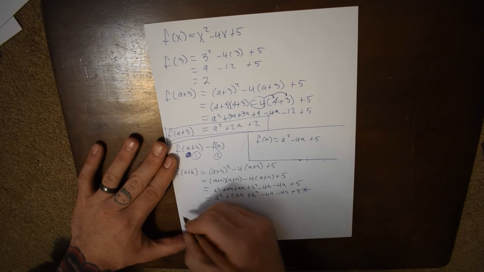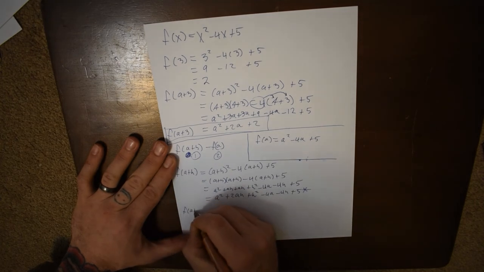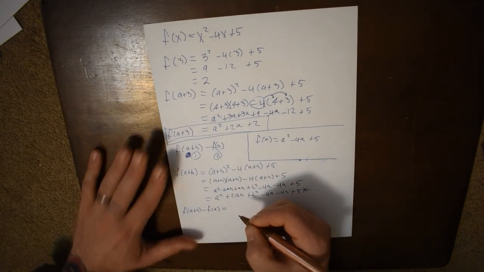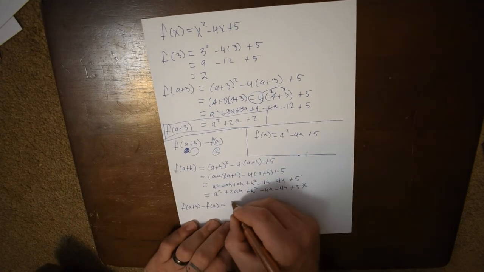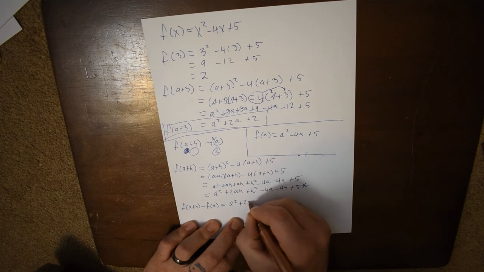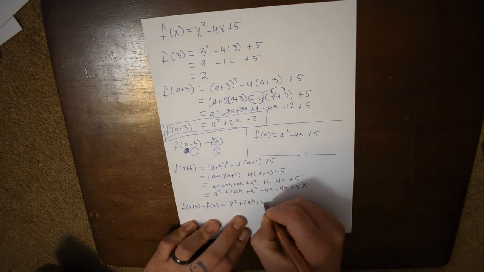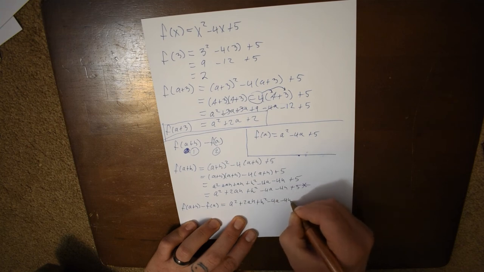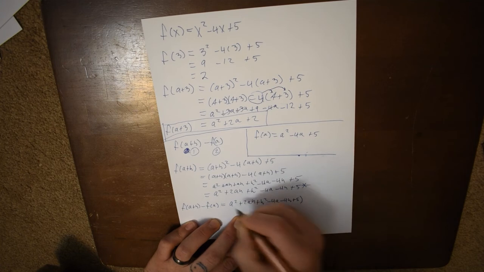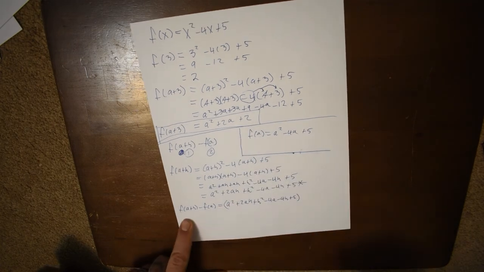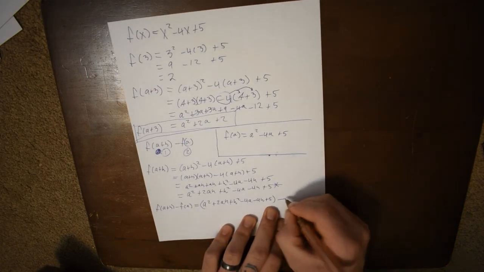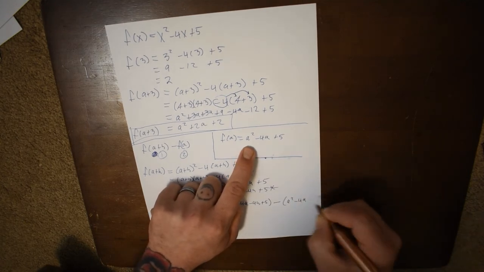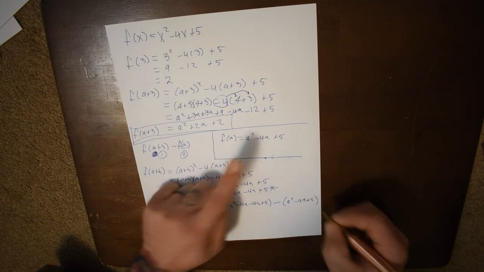So the final step, f of a plus h minus f of a, well, that's going to be equal to f of a plus h, a squared plus 2ah plus h squared minus 4a minus 4h plus 5, and then we want to subtract f of a, a squared minus 4a plus 5.